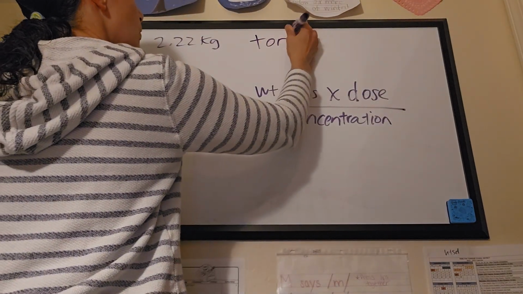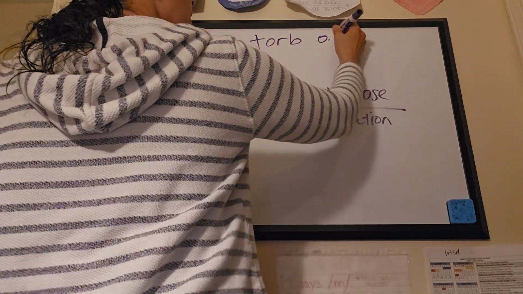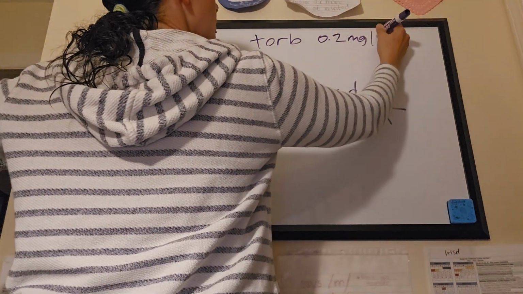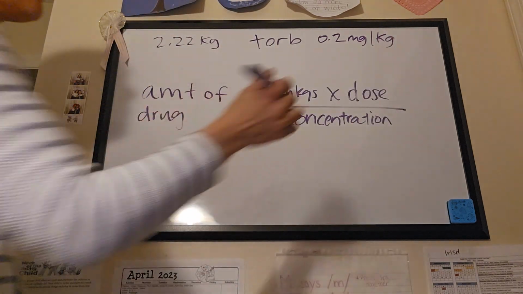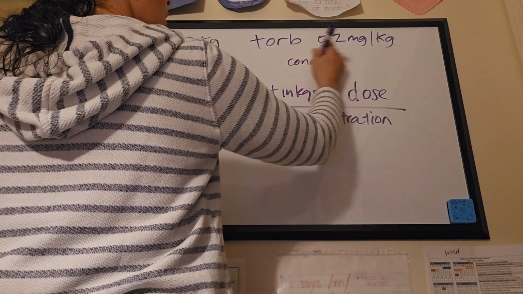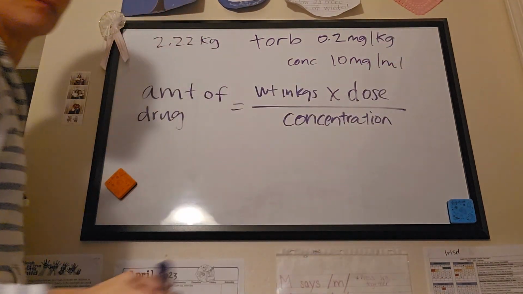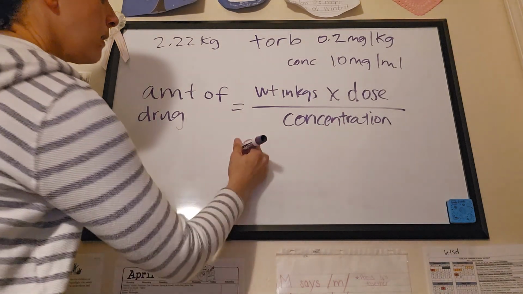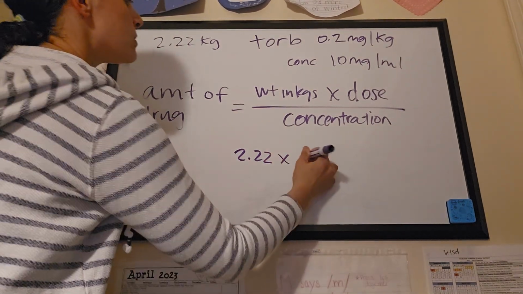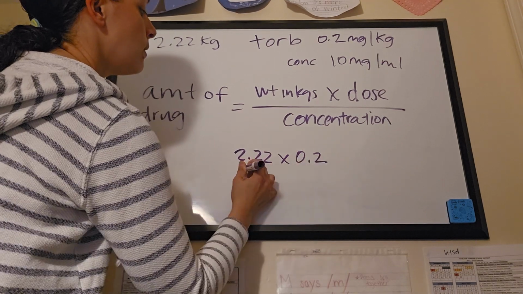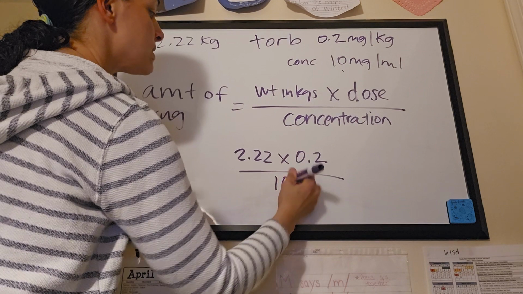All right, one more. She also got Torb, which is 0.2 milligrams per kilogram. That's my dose. The concentration is 10 mgs per ml. So I'm going to take her weight, 2.22, times the dose, which is 0.2, divided by the concentration of the drug, which is 10.